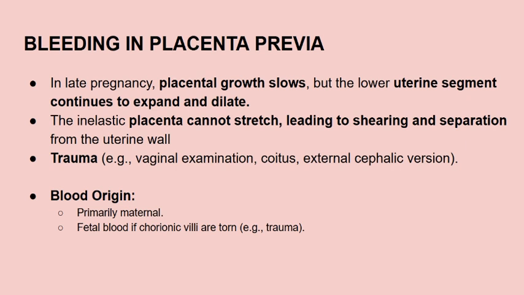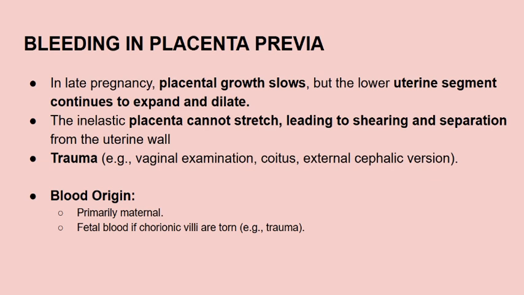So how does bleeding occur in placenta previa? So we know we are talking about antepartum hemorrhage. So how does bleeding occur when a patient has the placenta located at the lower uterine segment, almost close to the internal os? We know that late in pregnancy, the placental growth is slower, but the lower uterine segment continues to expand and dilate.